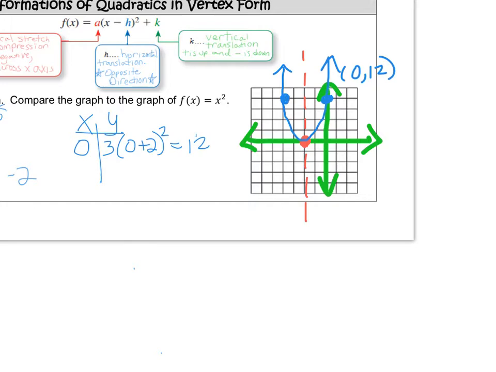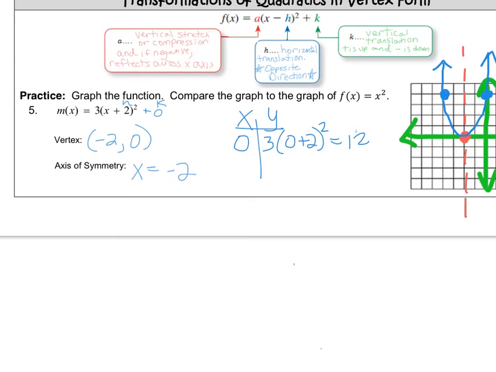Let's talk about how it changed from the parent function. So when we're looking at that, we have an a value. The a value is going to be positive, so it's not reflective, but it did give it a vertical stretch. So our change is a vertical stretch. And we can also look at, we have an h value. We also have a horizontal shift.